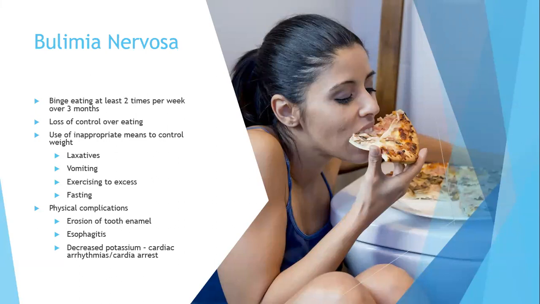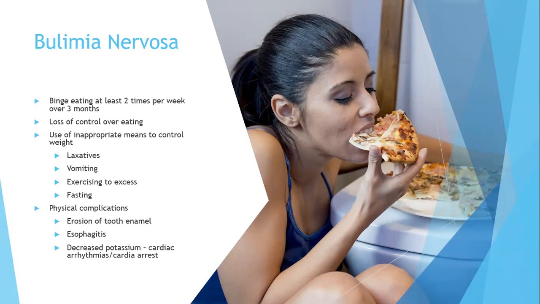Bulimia nervosa involves binge eating, at least 2 times per week over 3 months. It's a loss of control over eating or using inappropriate means to control weight, like laxatives, vomiting, or exercising to excess, sometimes called exercise bulimia. Like saying, oh, I ate that pizza and now I've got to run 15 miles on the treadmill. And fasting, after you binge, then you fast.